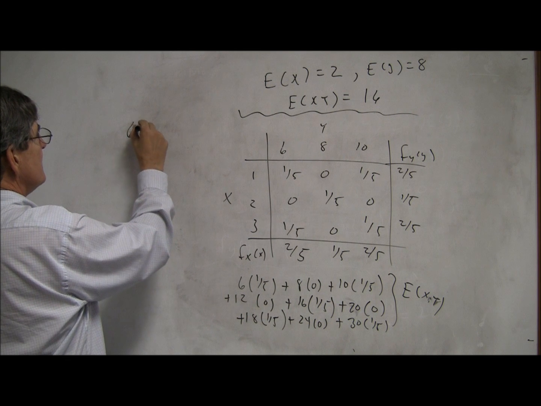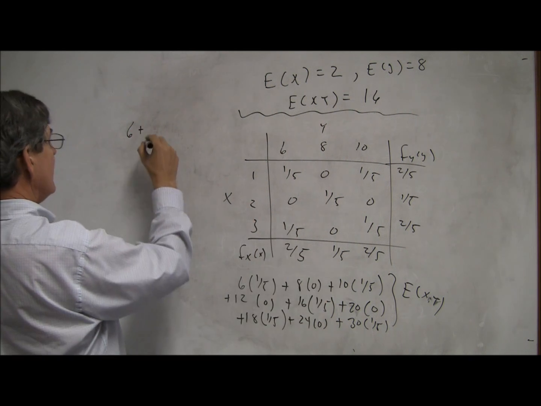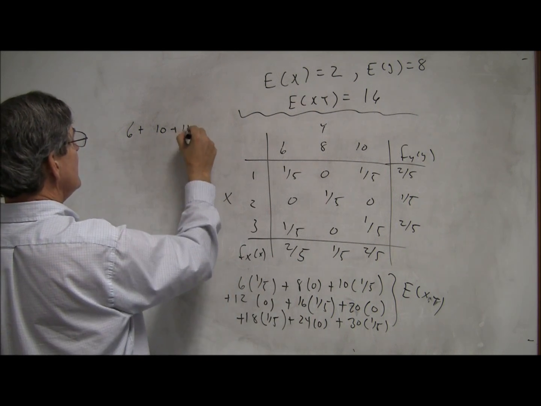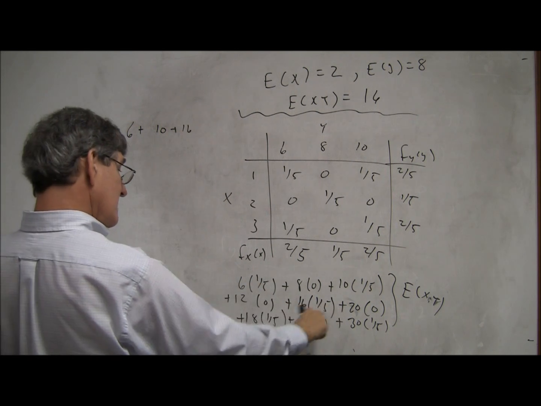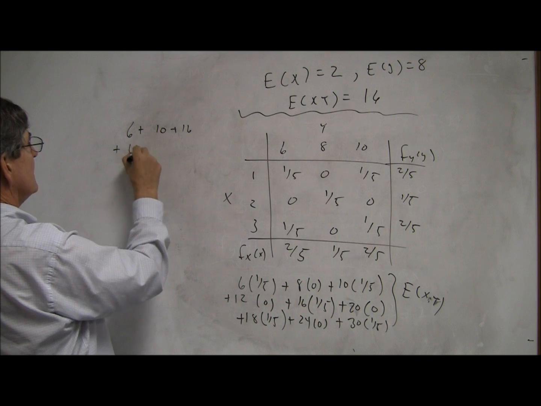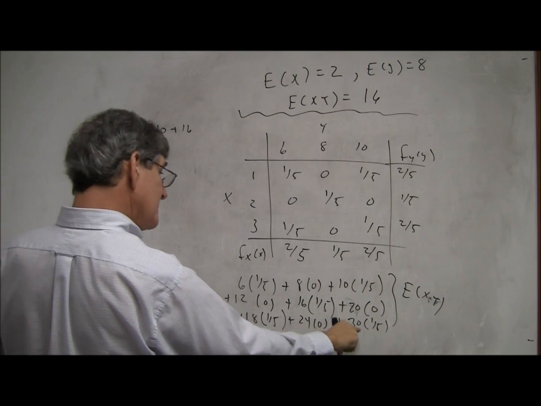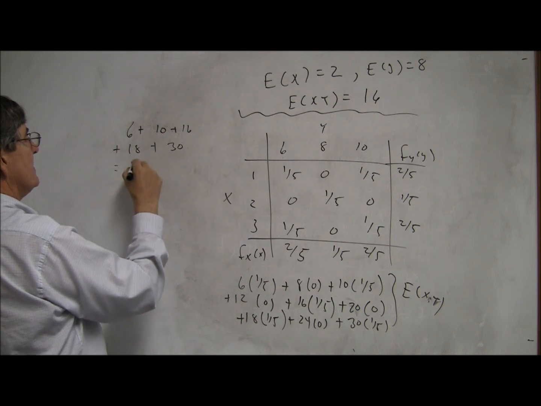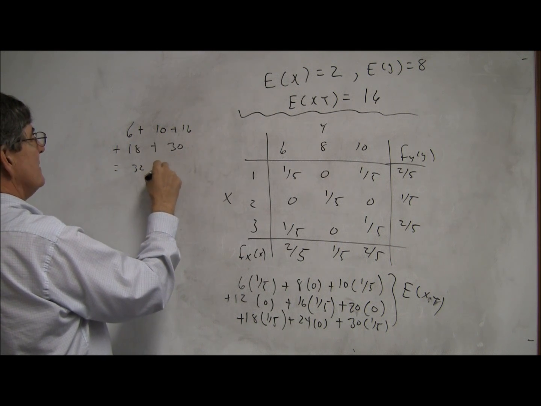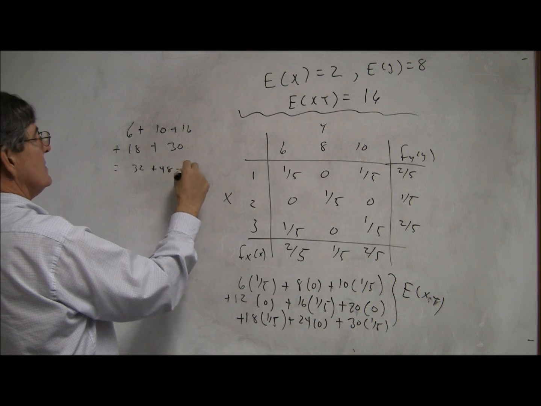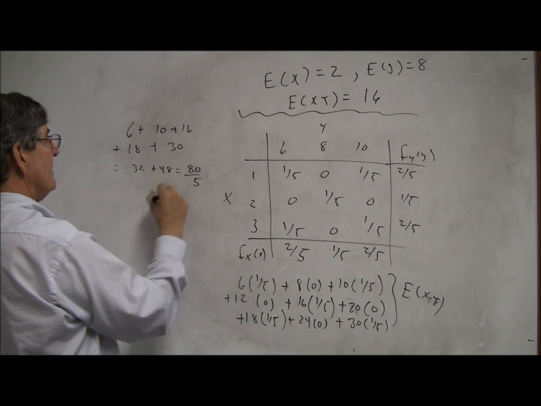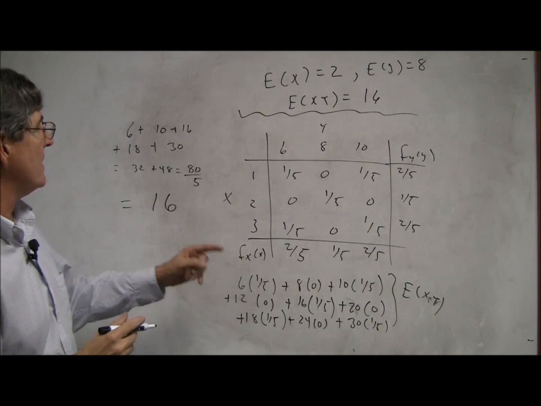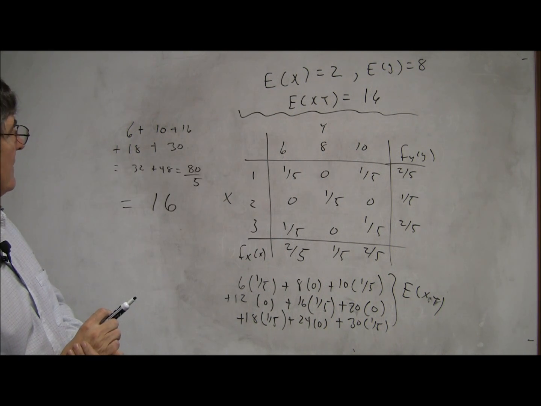I have 6 plus 10 plus 16 plus 18 plus 30. And that's equal to 32 plus 48, which is 80 over 5, and that's equal to 16. So that's where this number comes from. It's just the expected value of xy.